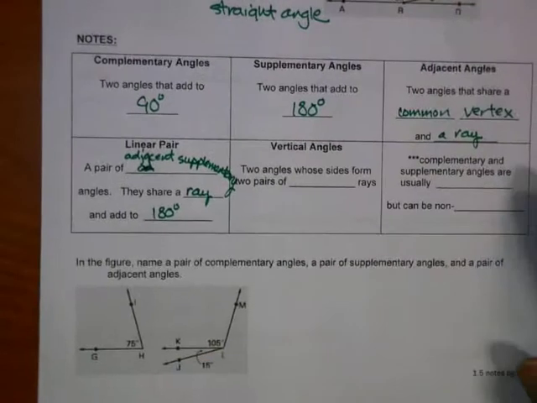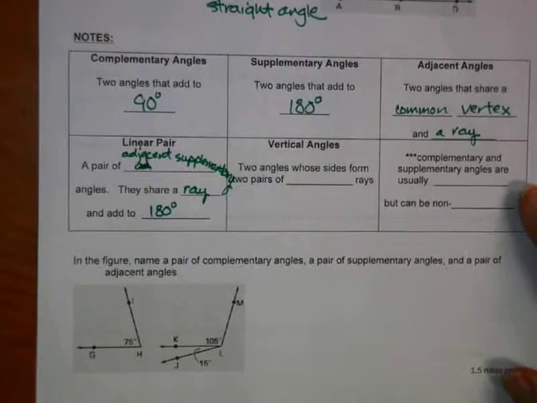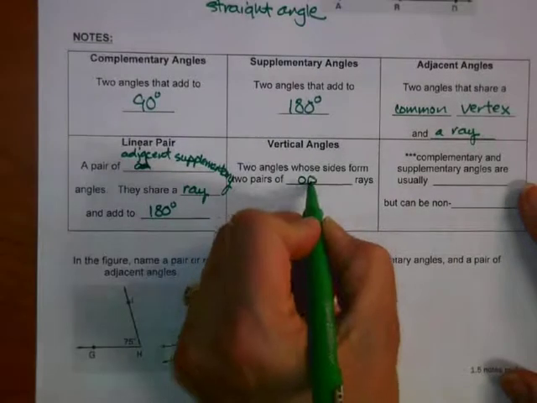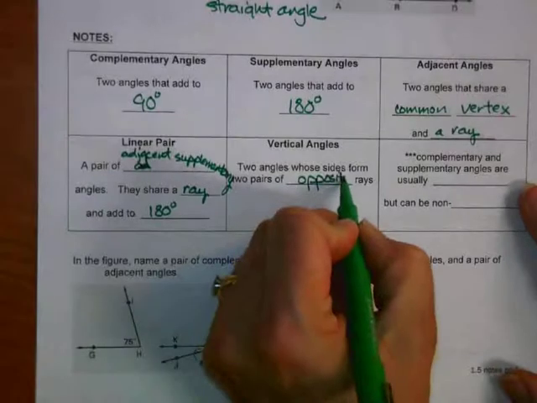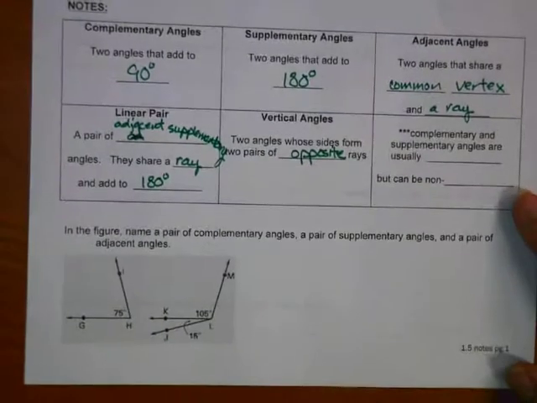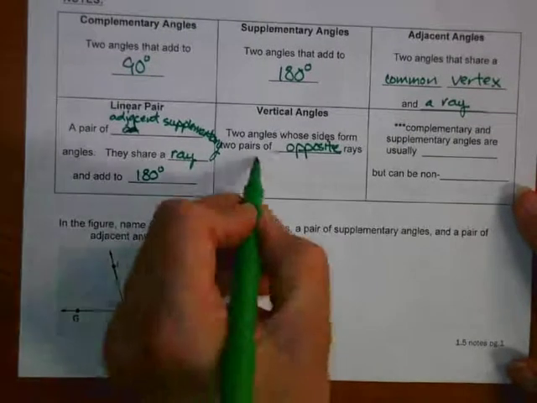All right, vertical angles. Two angles whose sides form two pairs of opposite rays. So let's draw a picture of that. Two angles whose sides form two pairs of opposite rays.